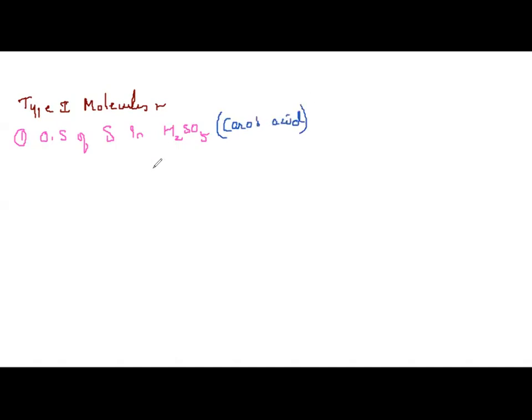Exceptional cases I am taking. By the usual method, how do we do it? This is X. Plus 1 for hydrogen into 2, plus X into 1, plus minus 2 into 5. The whole is equal to 0.